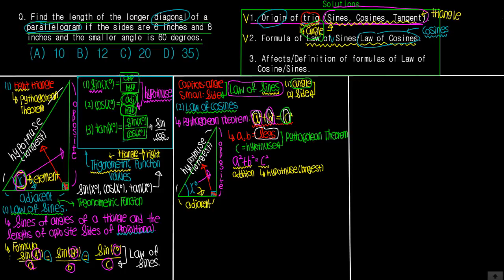And with this pattern, we will be able to understand what the law of cosines is going to be, because the Pythagorean theorem is a general form. This is the general form of the Pythagorean theorem, and it is going to lead to the law of cosines.